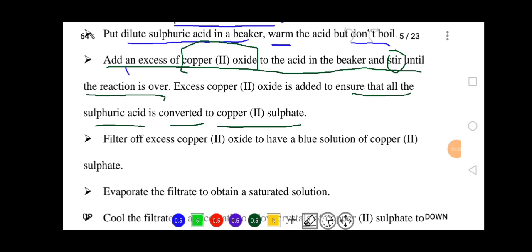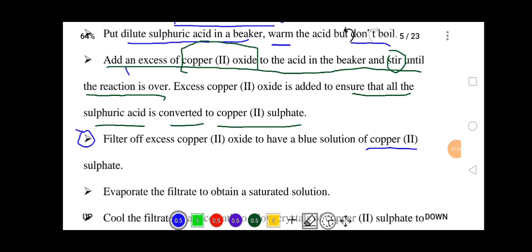Now, we go to the third point, where we are saying you need to filter off excess copper 2 oxide to have a blue solution of copper 2 sulfate.